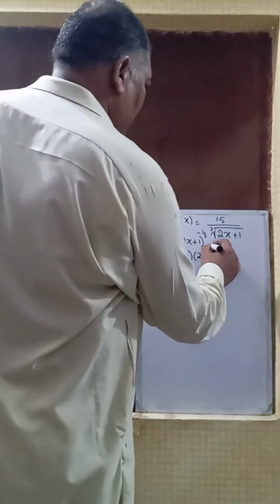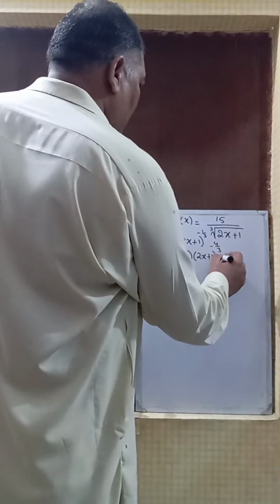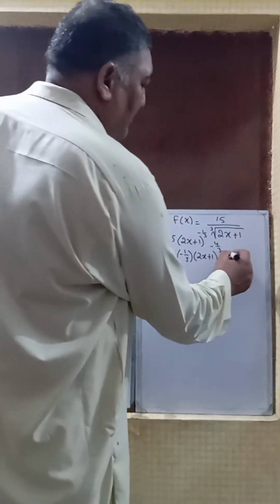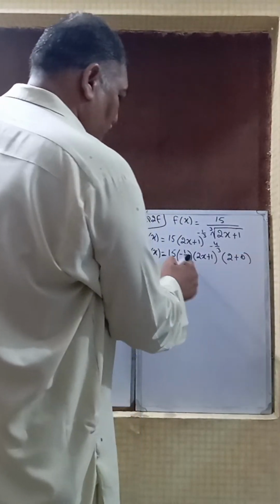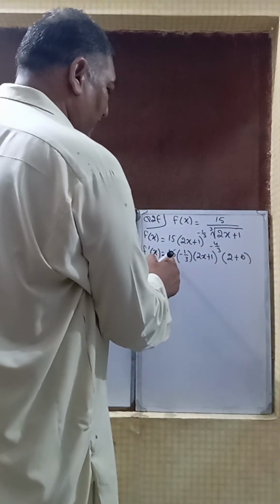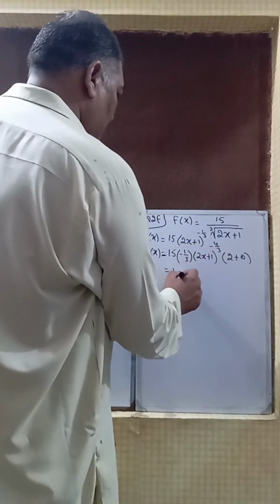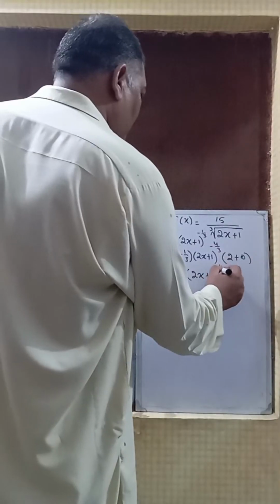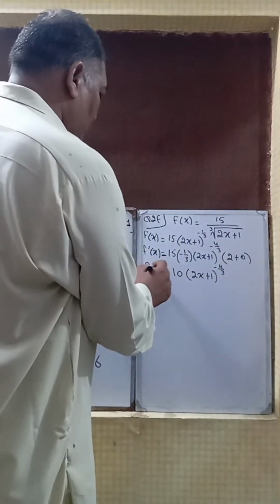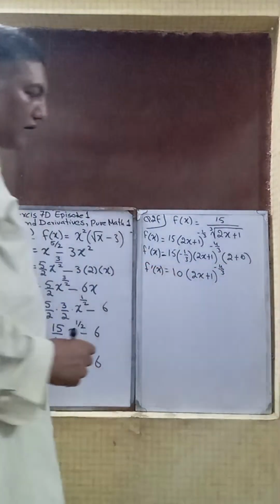You can use your calculator. And the derivative of this base will be 2 plus 0. So 5, this is minus 5 and 2, 10. So this is 2x plus 1 raised to power minus 4 by 3.